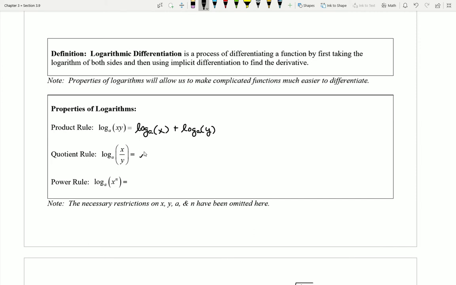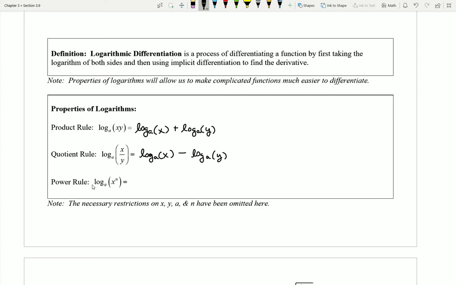The quotient rule also operated very, very similarly. It allowed us to take two logarithms, one with a log of x and another with a log of y, and just subtract them. I just have to remember that the numerator always comes first, since the order of subtraction matters.